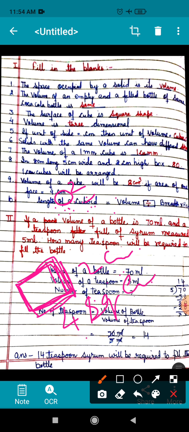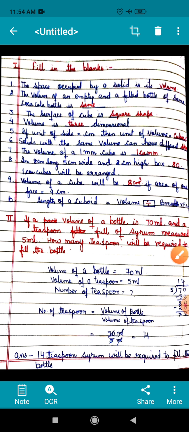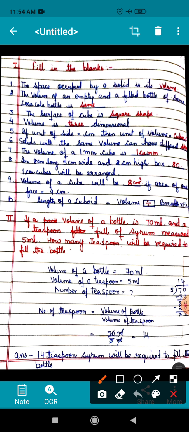So each side will be of 2 centimeter. It means the volume will be 8 centimeter cube, right? Now length of a cuboid is equal to volume divided by breadth into height, or you can write like this also, volume divided by breadth into height.